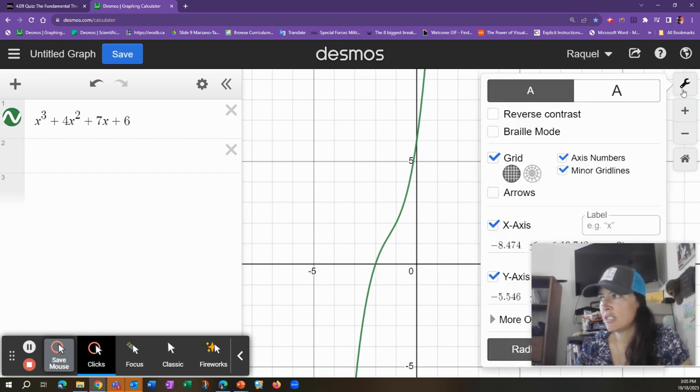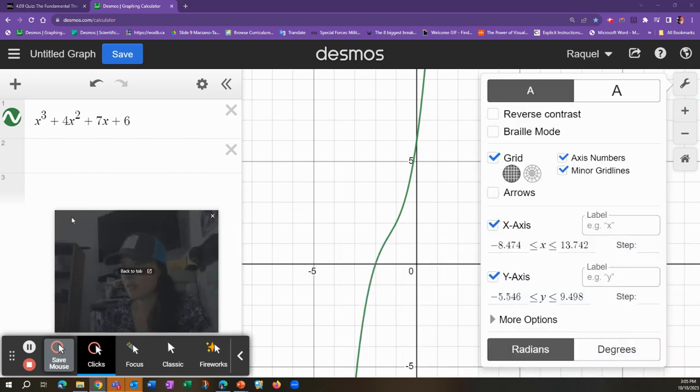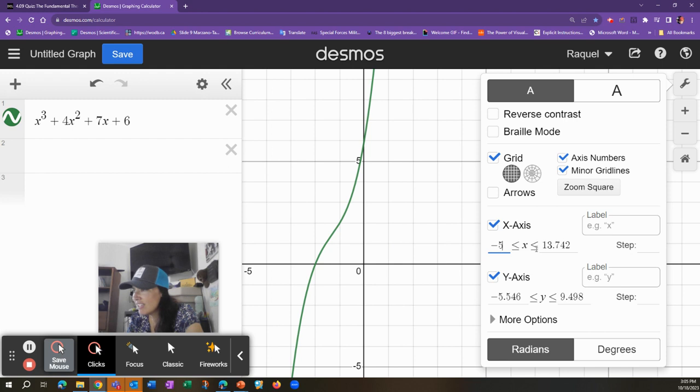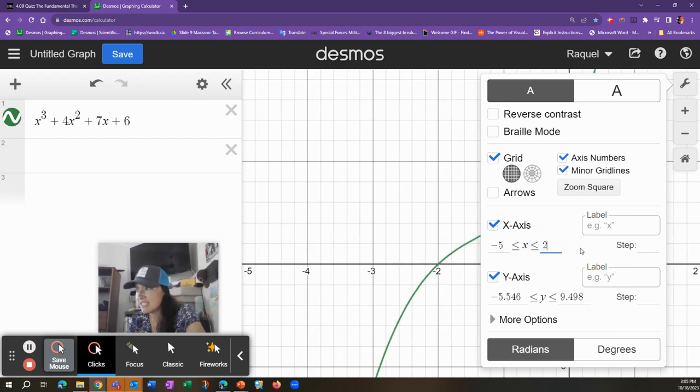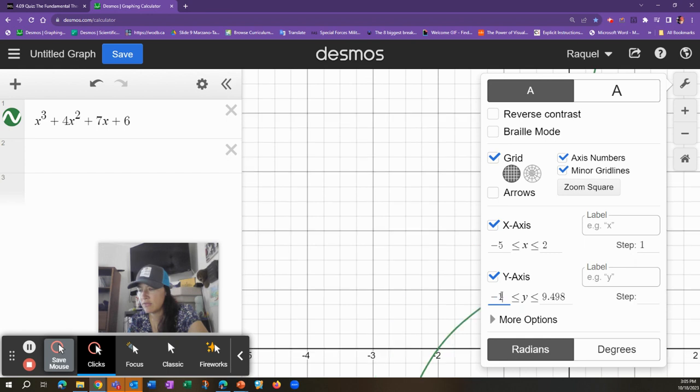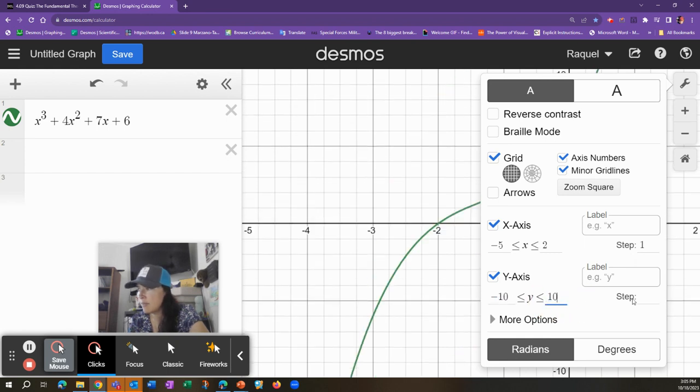I'm going to adjust the bounds here. X goes to negative 5, and let's just go to 2. Let's go to negative 10 and positive 10 and see what happens.